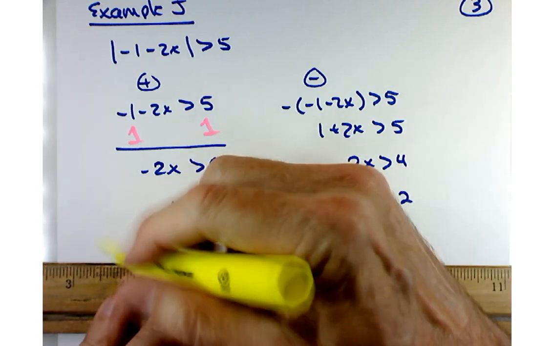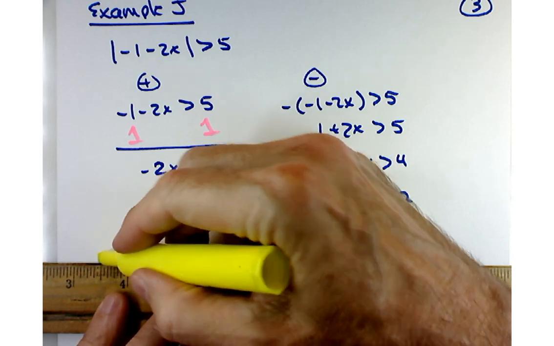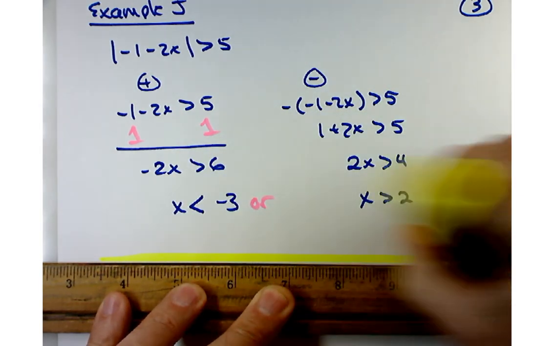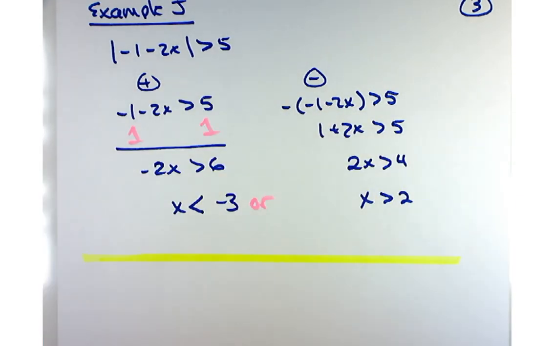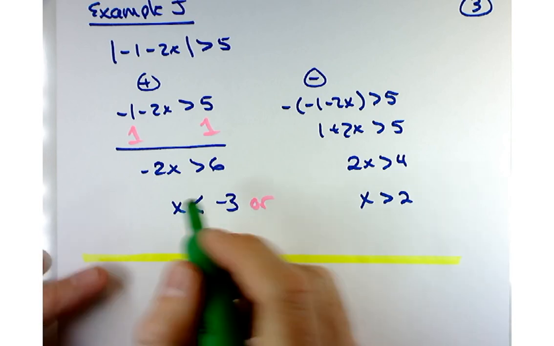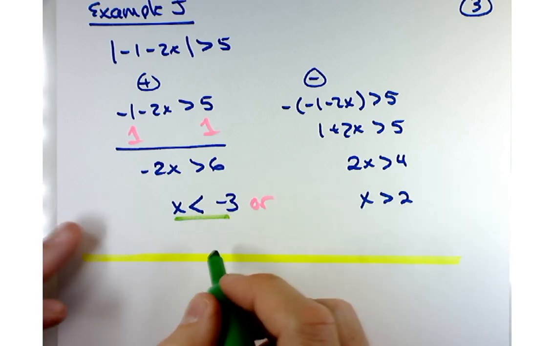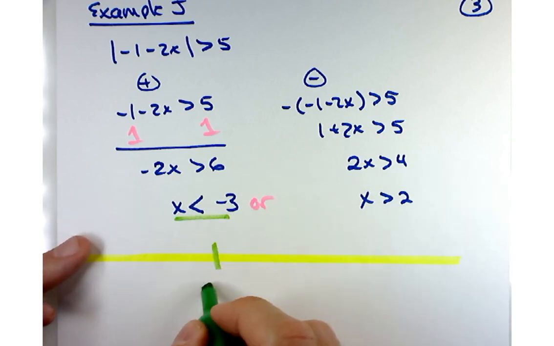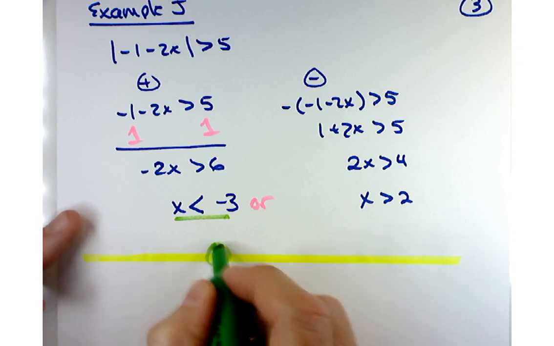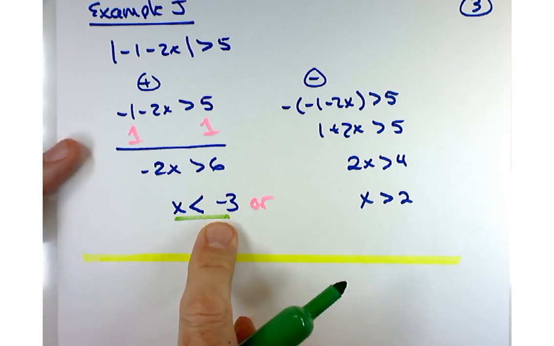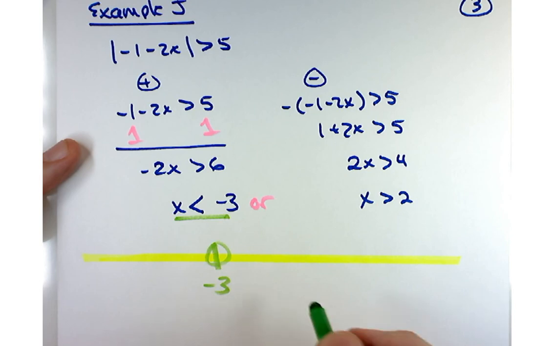Let's see if this looks like what it should. That is two intervals that face away from each other. So on the one hand, we've got x is less than negative 3. So that's my negative 3 here. Which way am I going to draw the arrow, to the right or to the left? Left. Good.